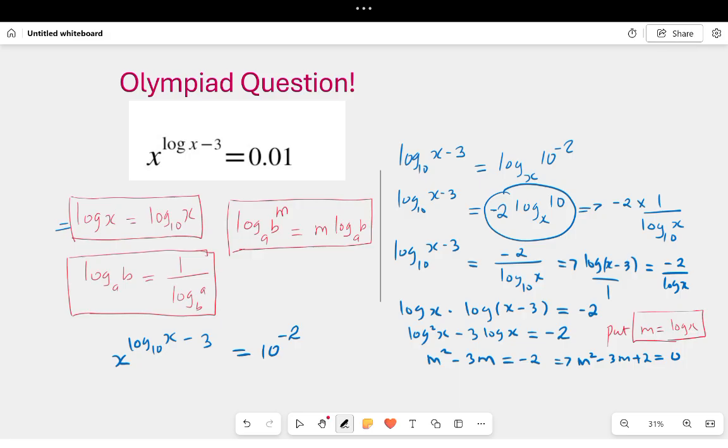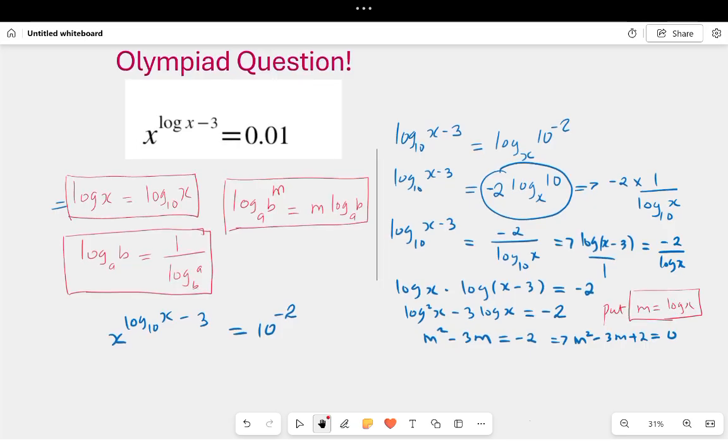Next step, by factorizing this, we are going to have m minus 1 and m minus 2, and all this is equal to 0.